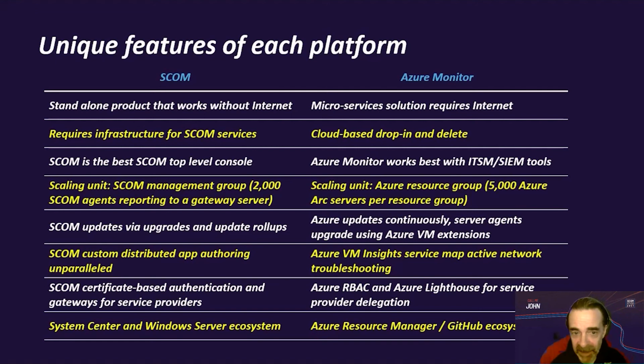Both SCOM and Azure Monitor have scaling units of different types. SCOM management groups have certain scaling limitations, and although Azure doesn't have scaling limitations, there are limitations on how many Azure Arc servers can be in a resource group. So you have to pay attention to scaling with either product, just across different dimensions.